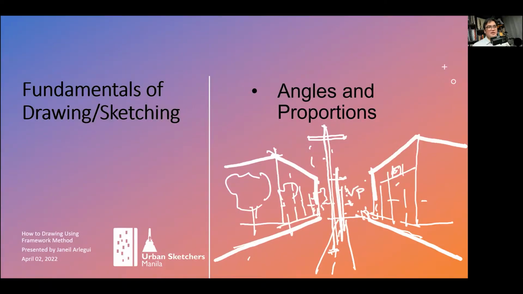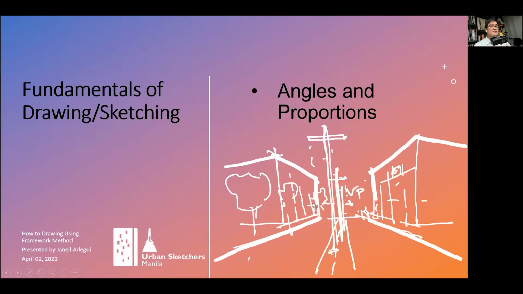The third principle is angles and proportions. So we all know about perspective drawing, the mystery of perspective. There's a vanishing point somewhere, and then we have this scene that you usually see in a streetscape, that there's a foreshortening. Foreshortening means what's closer is usually drawn bigger, and what's farther away is drawn smaller on paper.